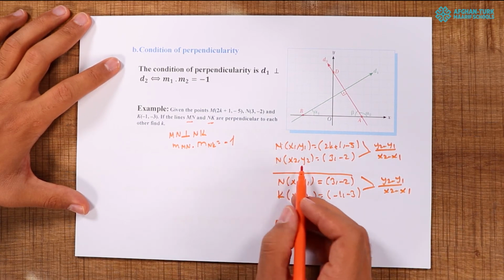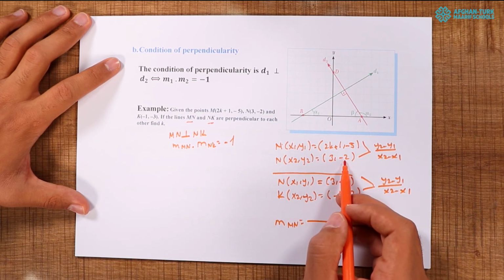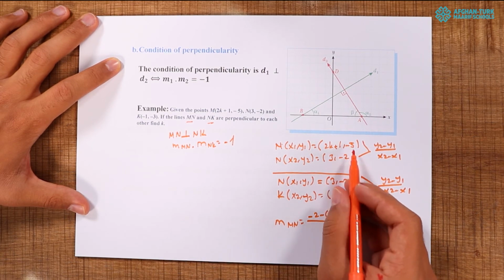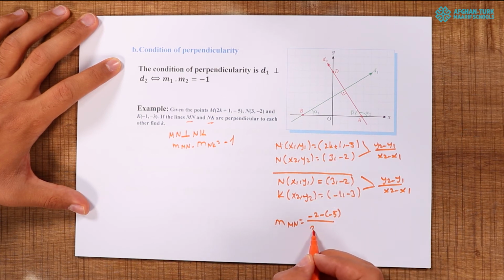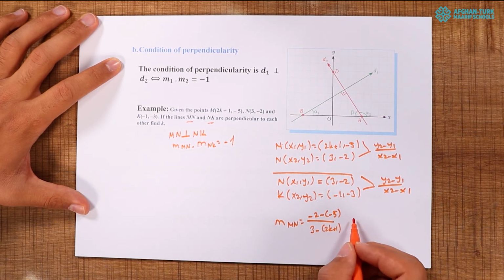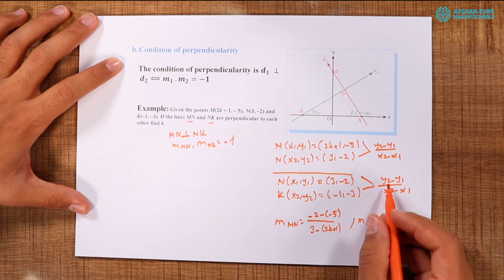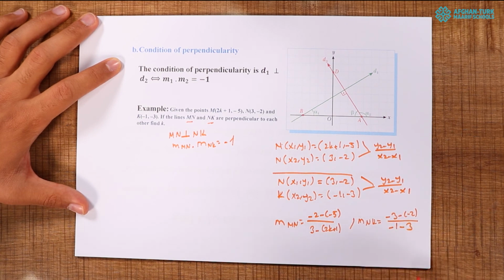So slope of MN will be equal to, what's y2? y2 is -2 minus -5 over x2 minus 2k plus 1, which is 3 minus 2k plus 1, and also slope of NK is equal to y2 is -3 minus y1 is -2 over x2 is -1 minus 3.